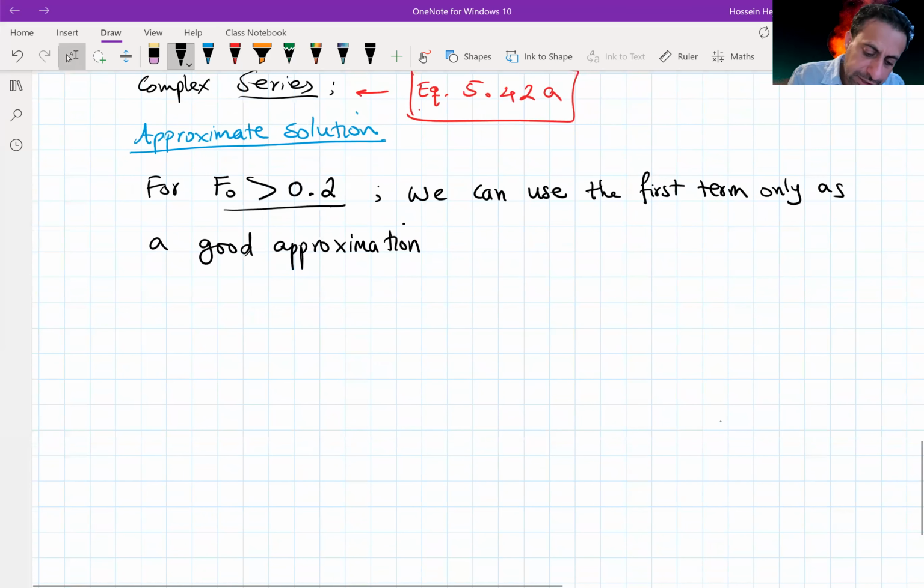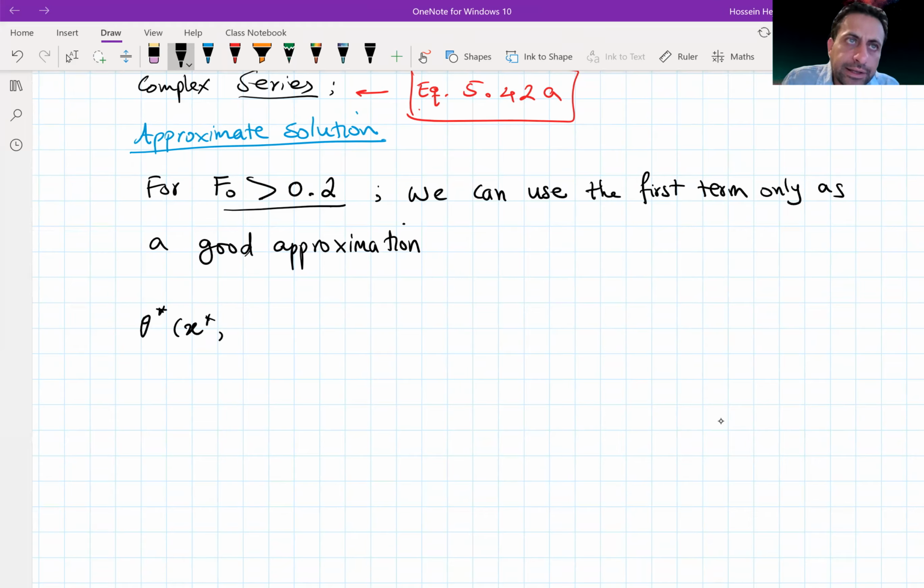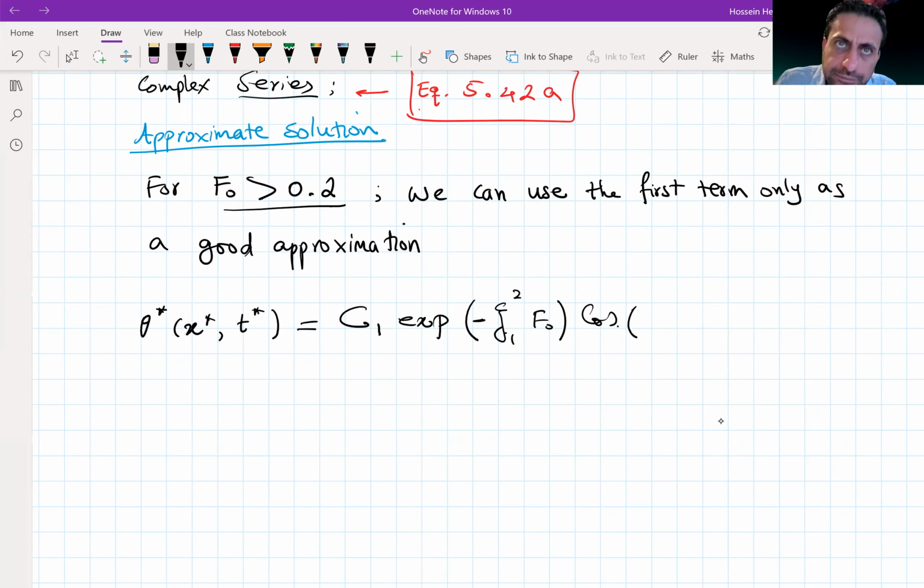Now for this approximation, if we just take the first term here, what we are going to have is theta star of x star and T star, or Fourier number, be C1 exponential of minus psi 1 squared Fourier, cosine of psi 1 x star.